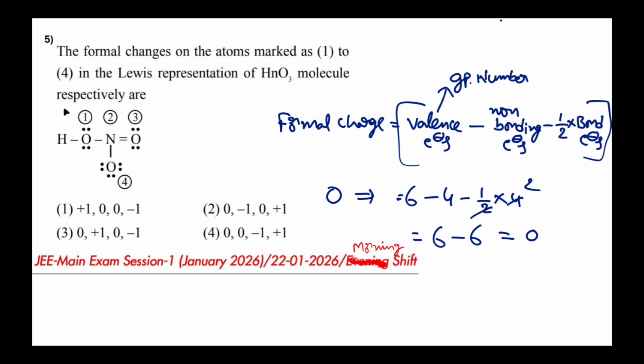So the first atom's formal charge is 0. The second atom is nitrogen. Nitrogen's group number is 5, minus non-bonding electrons 0, minus 1/2 into bonding electrons, 8. So that is 5 minus 4, which is plus 1. So the nitrogen formal charge is plus 1.